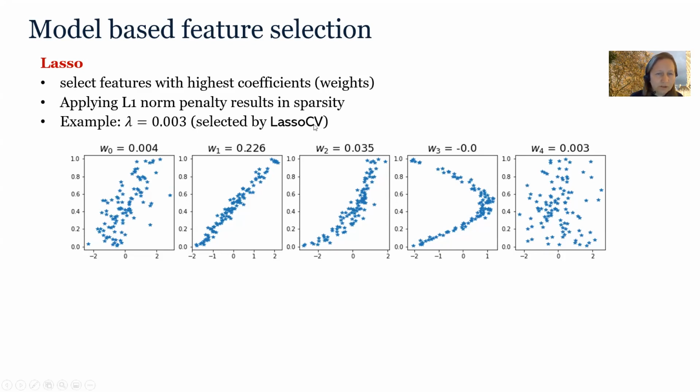We will use LassoCV. That's a model in scikit-learn that implements lasso, but at the same time also tunes the hyperparameter lambda, so we don't have to do it ourselves. And this is the value that we obtained. And here you can see the resulting coefficients from the fitted lasso model.